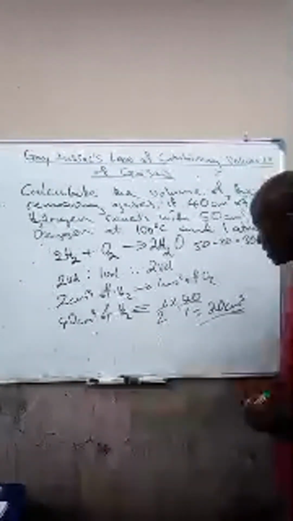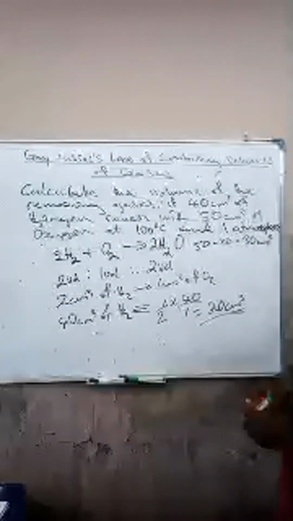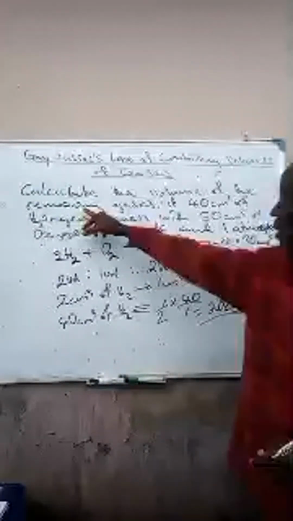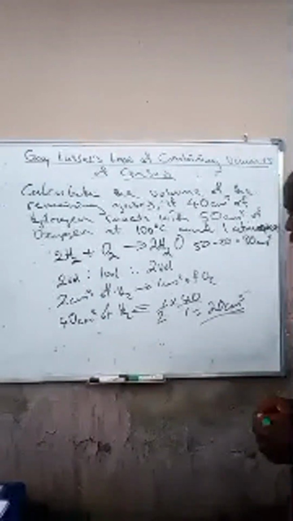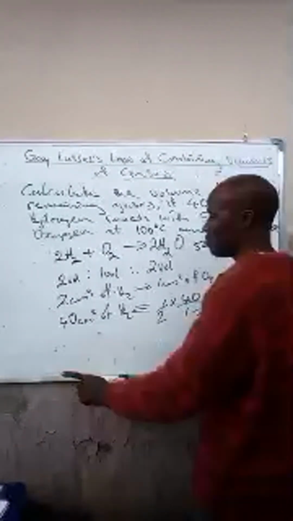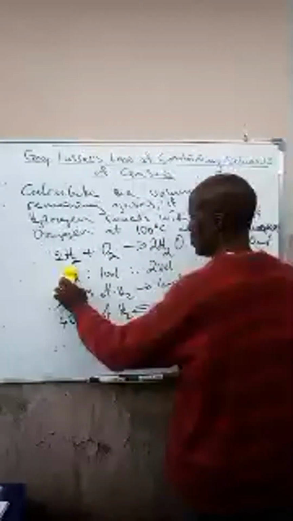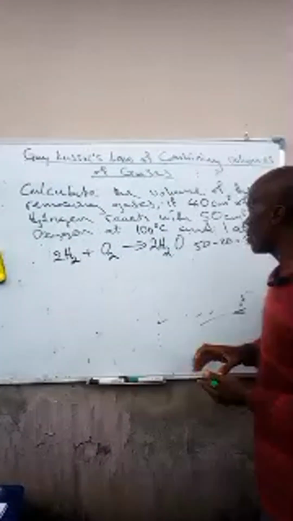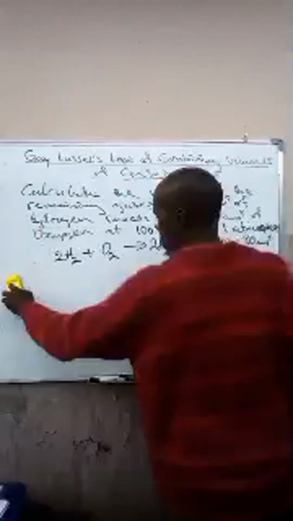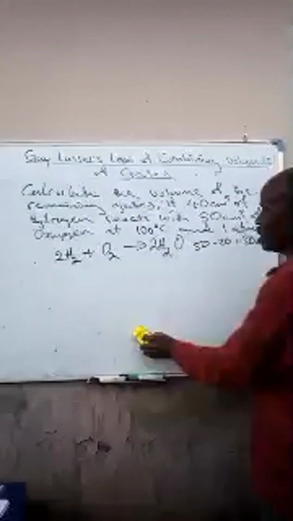So now the next thing we are going to find out, because we're talking about remaining gases, that means residual gas, is the volume of the water vapor that will be produced, because at 100 degrees Celsius and 1 atmosphere, water remains as what? Steam.